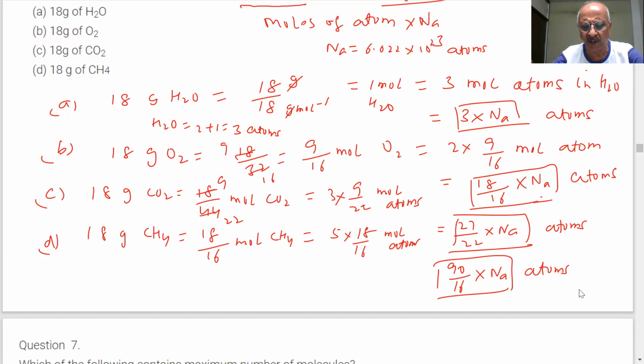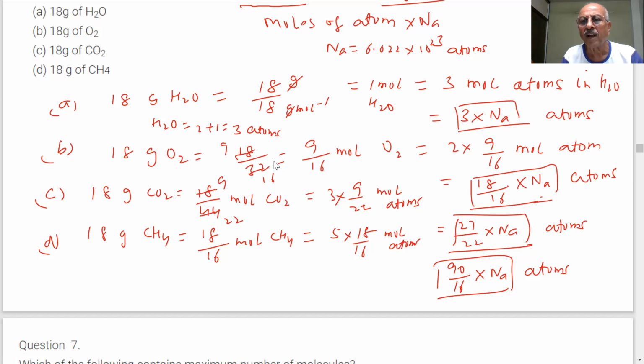Why should I do any multiplication? I don't want to do that, because Avogadro number is same in all the cases. So what will I do? Which will be the highest value? Three into Na. This is 18 by 16.